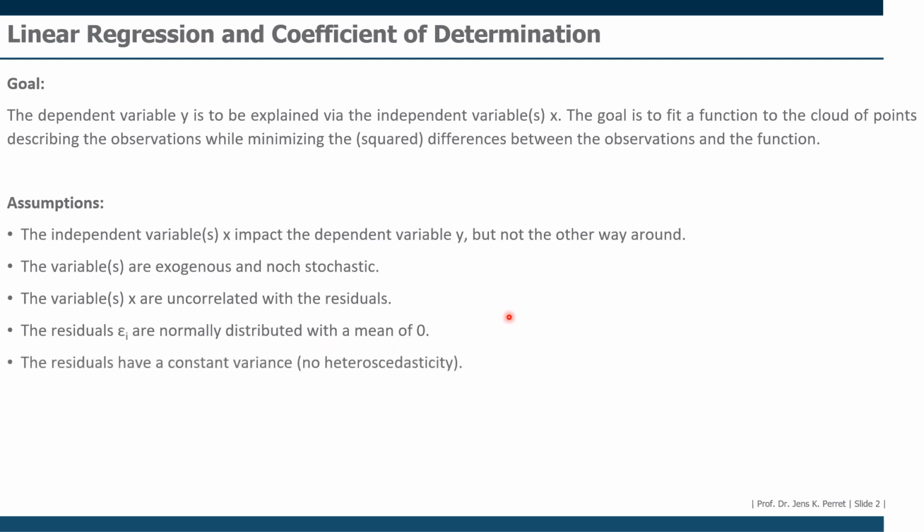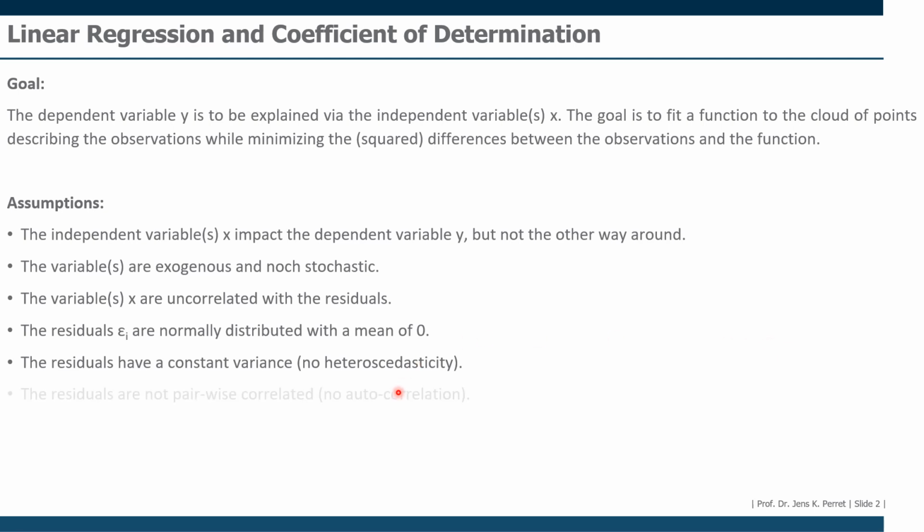Then we also assume that they have a constant variance. So for example, smaller values have the same spread as larger values. If it's not this case, we call this heteroscedasticity, meaning, for example, in some parts of this cloud of data points, there's a larger spread, in other parts there's a smaller spread.